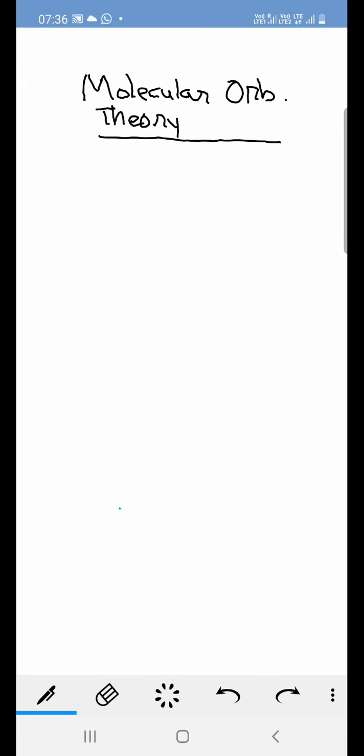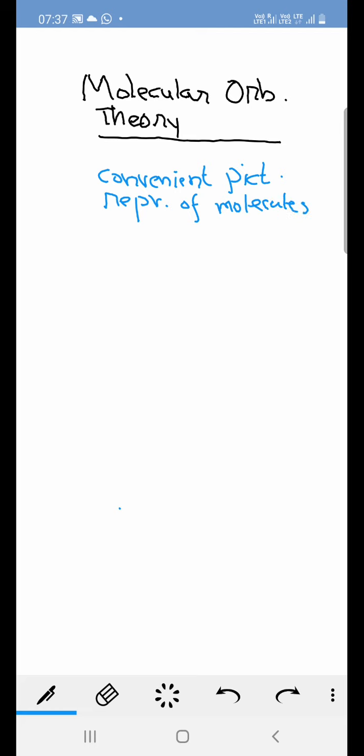So you can say that it's a convenient pictorial representation of molecules, molecule formation, suited to electronic transitions.